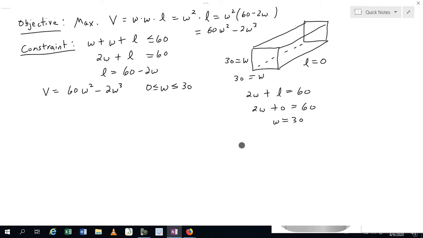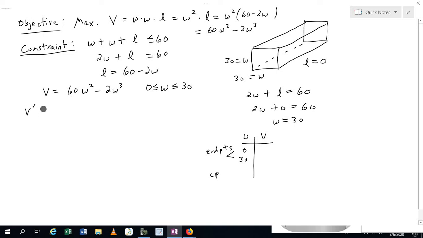So what we're going to do is check the volume, the output of this function, at both the endpoints, which are 0 and 30, and also at any critical points in the interior of this domain. So we still need to find the critical points. Now, how do you find the critical points? Well, remember, critical points are places where the derivative is 0 or doesn't exist. So let's find those.